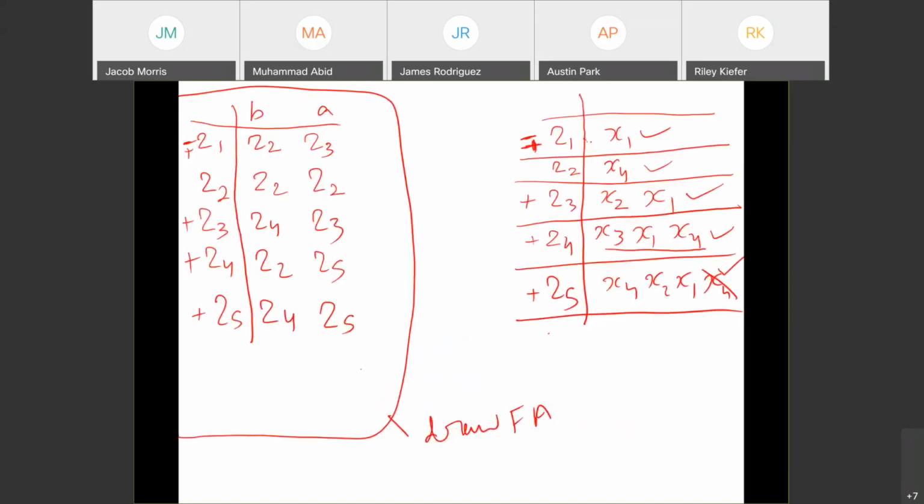So let's say Z1, if you have B and A, B will take you to Z2. Let's draw this. So Z1, B will take you to Z2, A will take you to Z2.